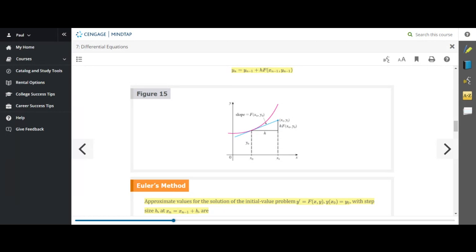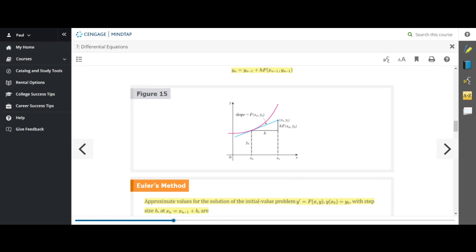But we want to estimate another point on the solution a little bit further away from x sub 0.